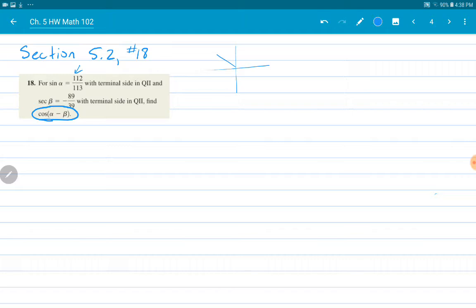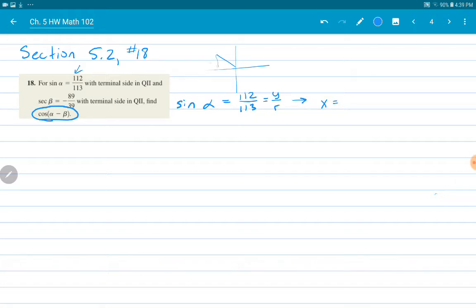And my first hint is that sine of alpha equals 112 over 113. And I remember that the formula for sine is y over r. So that tells me that y is 112, r is 113, and then I can find x with the Pythagorean theorem.